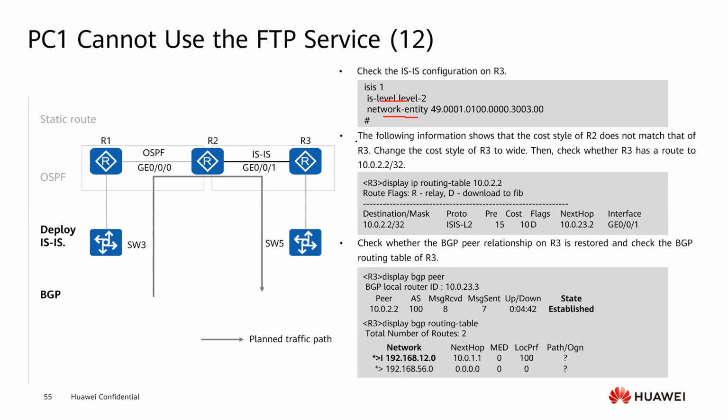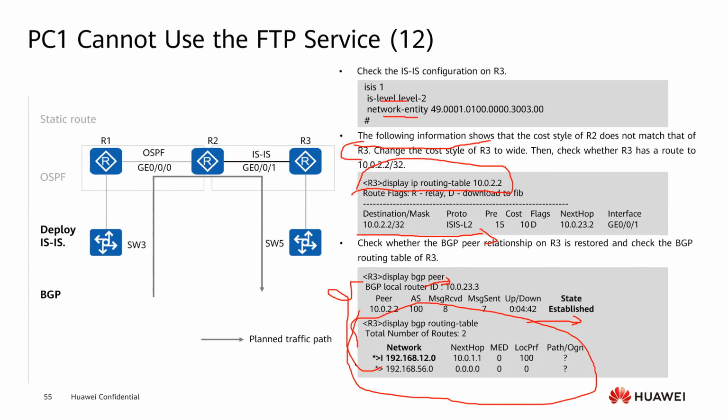Okay, then we correct the configuration on R3. We display the IP routing table here. We can see the route is from IS-IS. Then we check the BGP peer here. Okay, it's established. We can also find here that R3 already has the route destined for PC1.